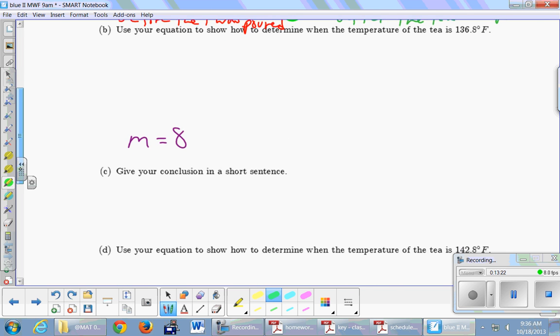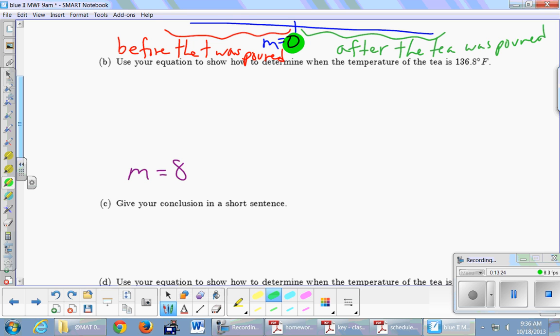So then when we come down here and we see m equals 8, is that a before, is that a when, or is that an after? That's an after. M equals 8 is a positive number. So then our sentence can be something like 8 minutes after the tea was poured.